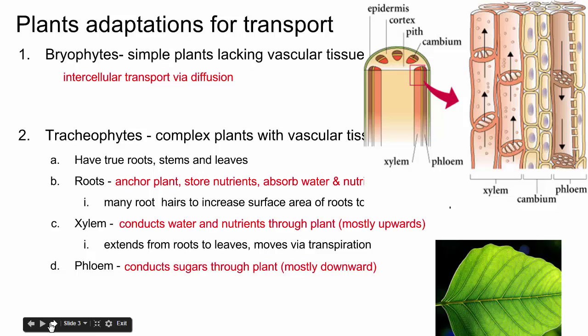We know sugars and glucose are made in the photosynthetic parts of the plant, in the leaves. And then they can be transported to the other parts of the plant that need those sugars. They can be stored in the roots and then come back up to the leaves in the spring as they grow.